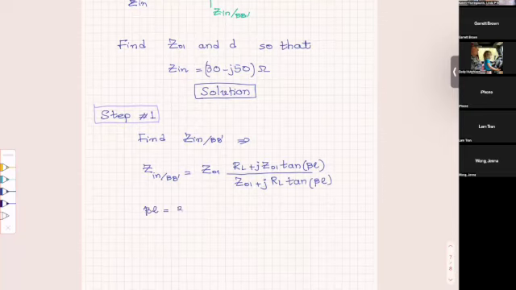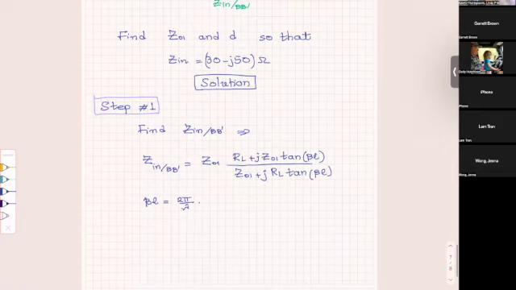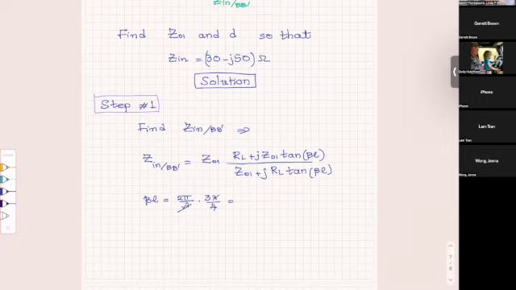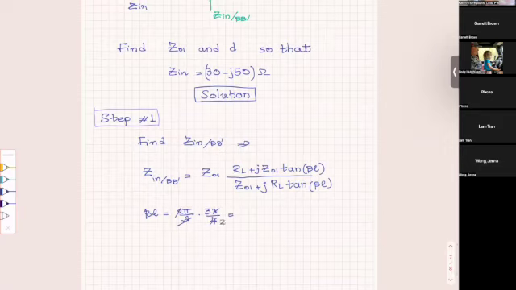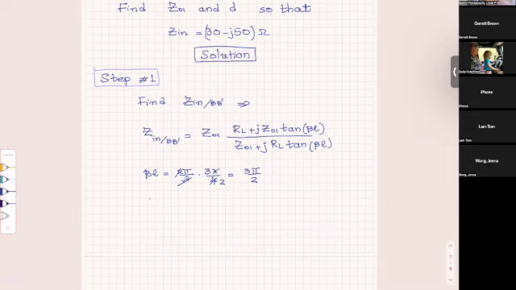Beta L is 2 pi over lambda times the distance, which is three quarters of a lambda. Therefore this is 3 pi over 2. Then tangent of 3 pi over 2 is sine of 3 pi over 2 divided by cosine. And how much is that?